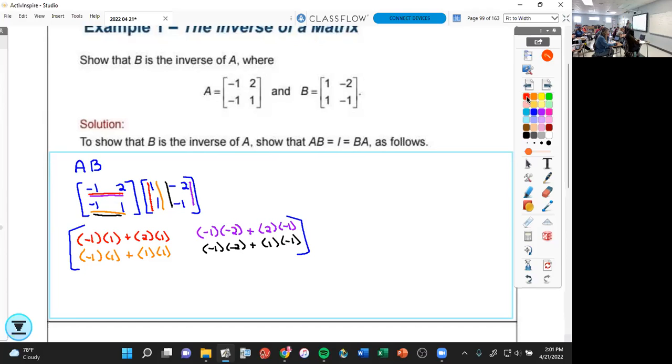Okay. Let's take a look at row 1, column 1 here. -1 times 1 is -1. 2 times 1 is 2. -1 plus 2 is 1. Next one, -1 times -2 is 2, plus 2 times -1 is -2, so 2 and -2.